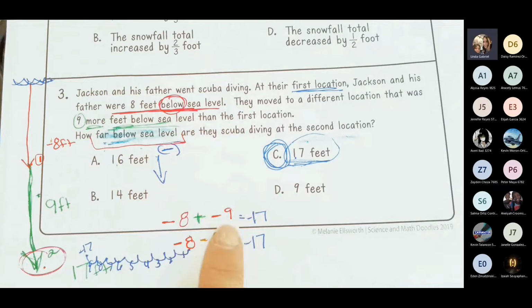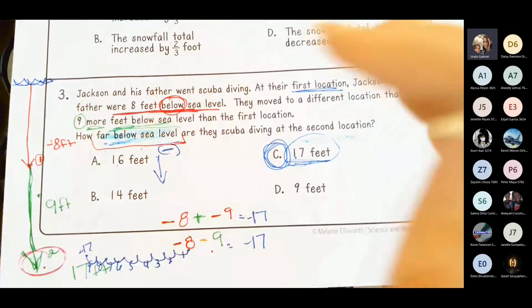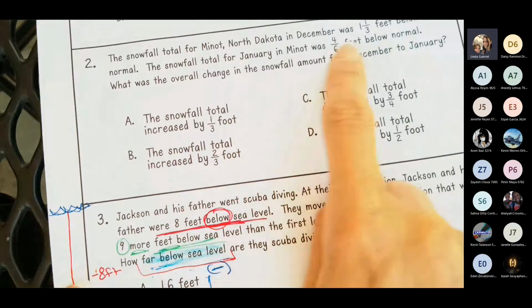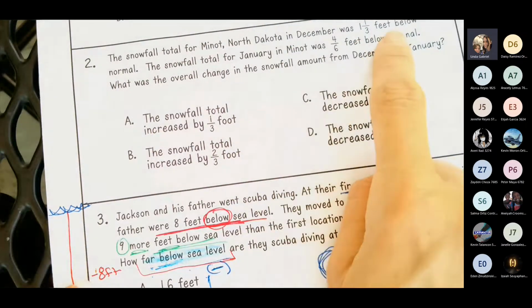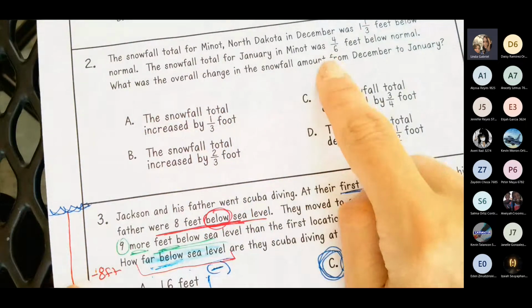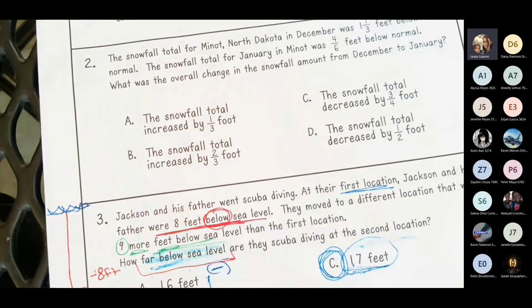Okay. And so we have right here our answers to 1 and 2. Try to do 2 on your own. This one is a little bit confusing. If you look, the question says that in December, it was 1 1/3 feet below normal. And the snowfall in January was 4/6 of a foot below normal. But what was the overall change, right?